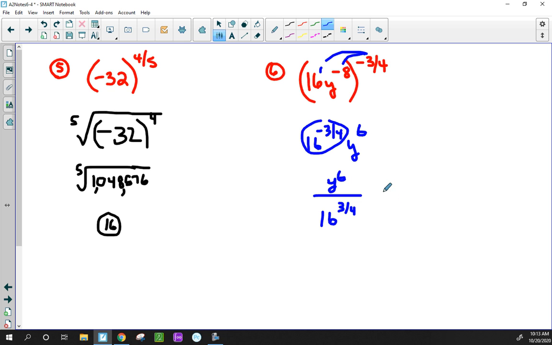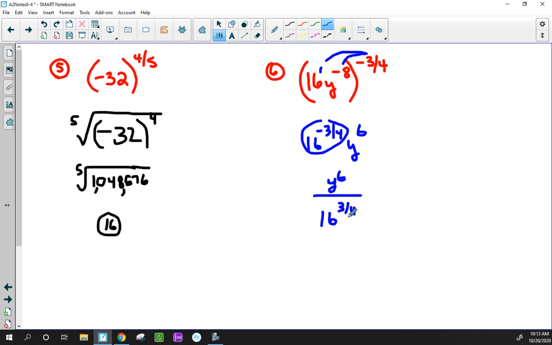Now, when I look at this step, I notice that this is not simplified for a couple reasons. Number one, I have simplified the negative, but I have a fraction power, and a fraction power, that's our entire unit or section today.